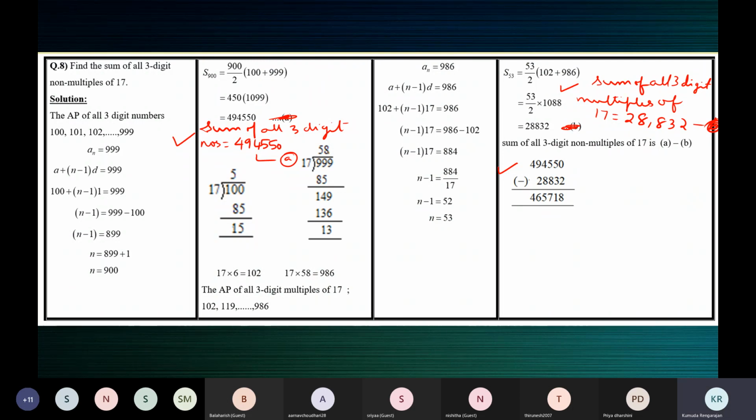Srinivasan, you've shared your answer on WhatsApp. Your calculation, that first part, you got 4,93,901. How can you get 901? You cannot get that from 450 into 1099.